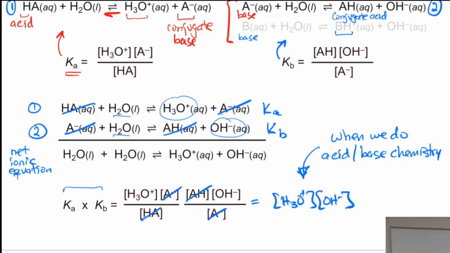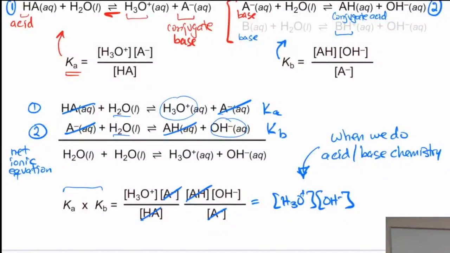Really, all that's happening is the net ionic equation, which is two equilibria merged together in the same reaction, so we end up with this mass action expression at the end. It's just the hydronium ion concentration multiplied by the hydroxide concentration.